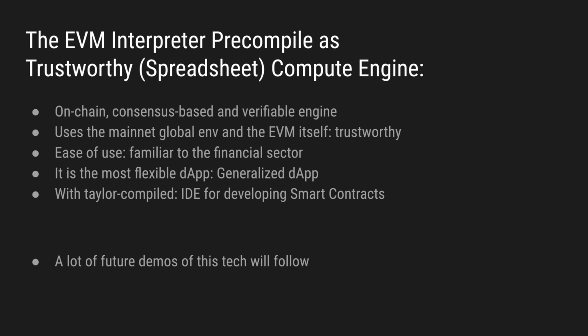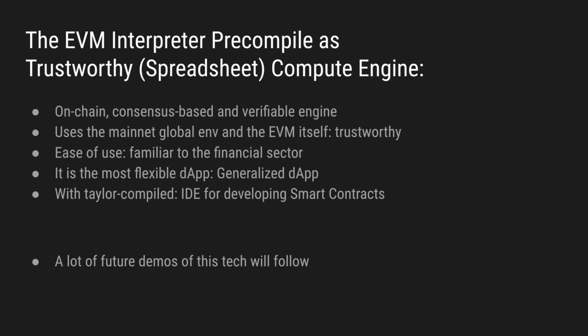It uses the chain's global environment and the EVM itself, and it is trustworthy. There is no need to rely on a centralized entity to provide correct computing. And you can use it on any mainnet network to actually test your bytecode in the global environment of that mainnet without putting any funds at risk.